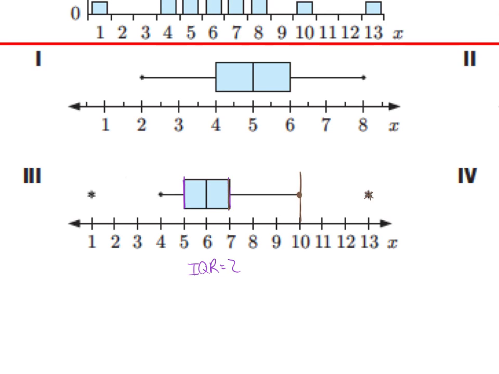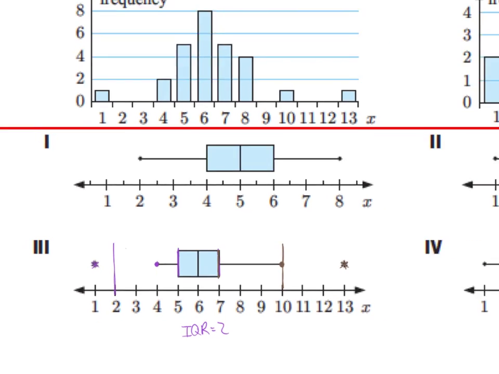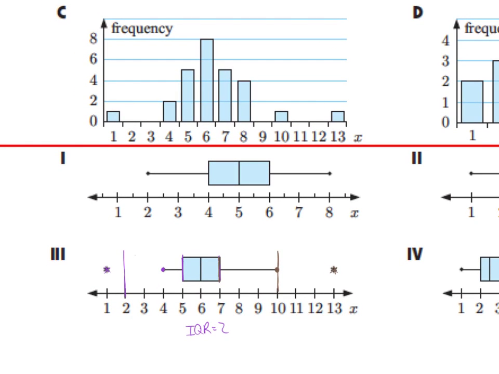I go to the 5 and I go down 3. Here's my boundary there. Somebody got a 1, so that's an outlier. But the next highest score must have been a 4, so I only drew my whisker to go to that 4. And if you look at the graph this goes with, it goes with C right here.